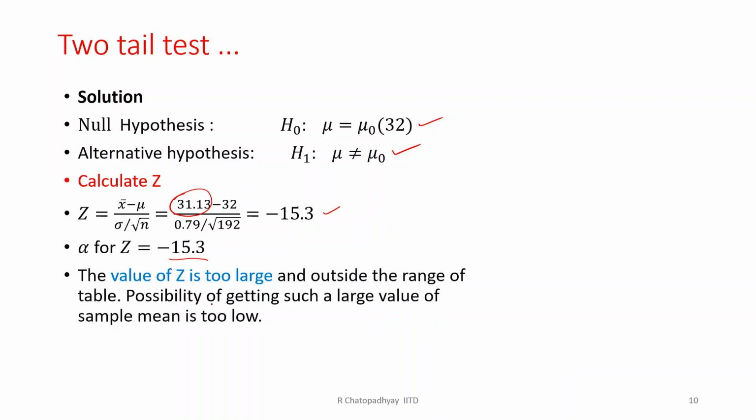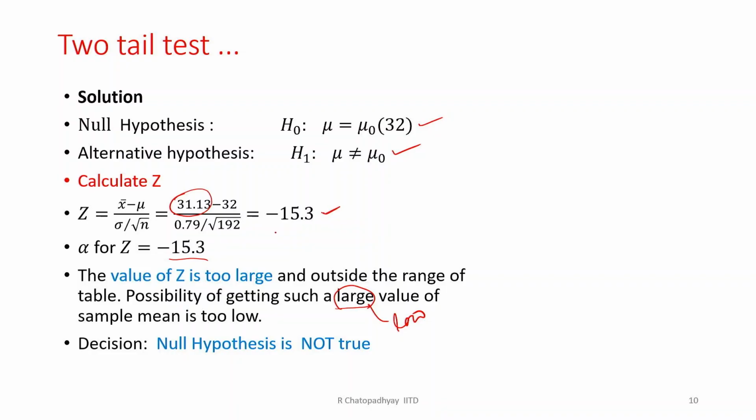And therefore, the possibility of getting such a sample mean is low. The sample mean is too low. The decision is that the null hypothesis is not true, because the z value is very, very large.